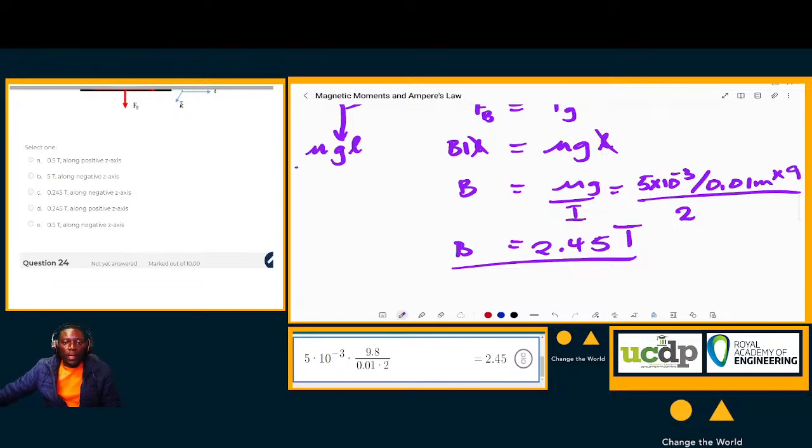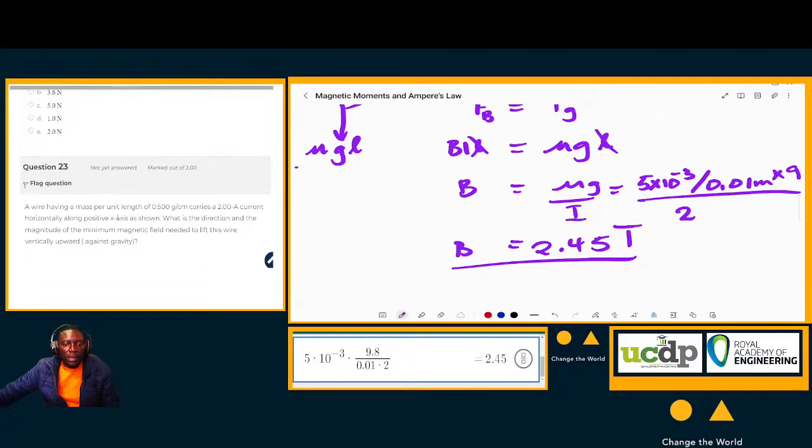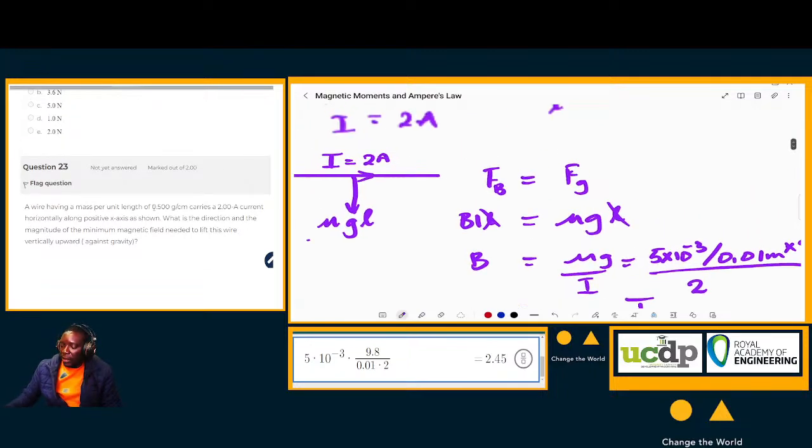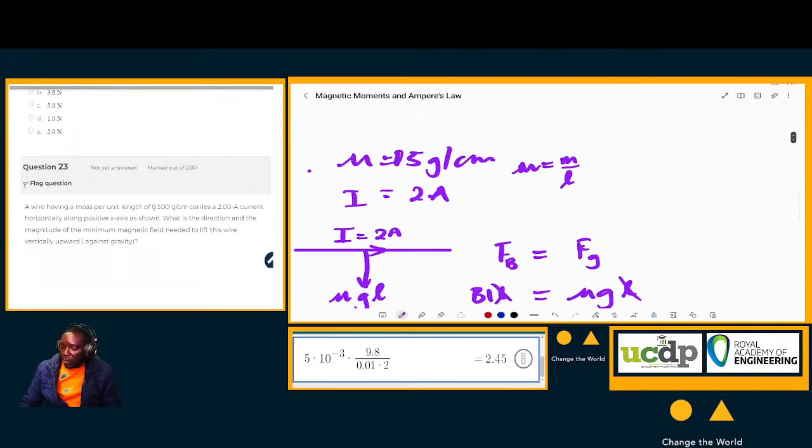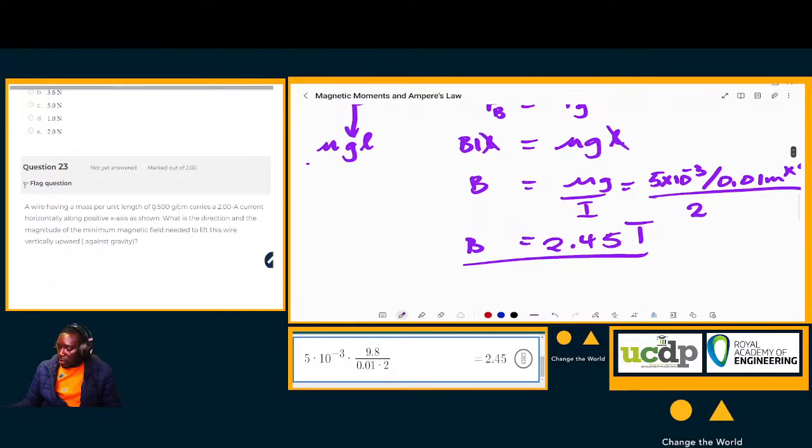I think I see where this is 0.5 grams, not 5 grams. This is 0.5 grams. So it makes it easier. Then it means this becomes 0.245. Okay, sorry about that. I think that's over excitement, but it's okay.